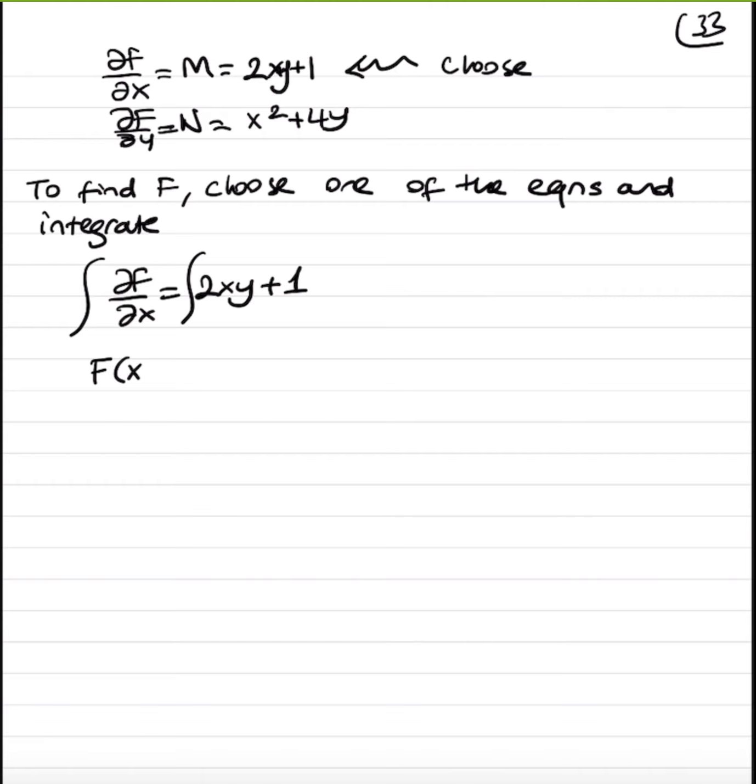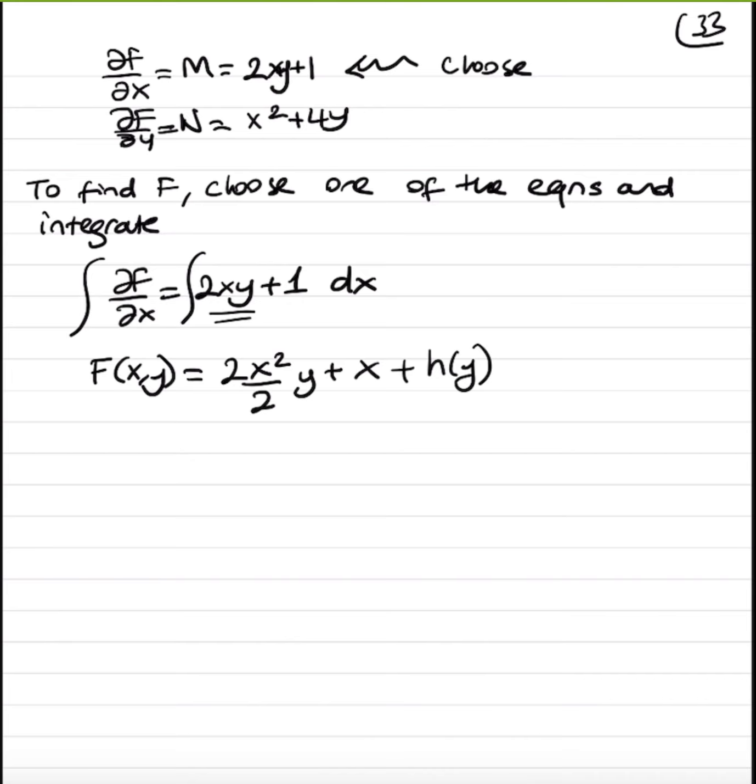Once we integrate, we have f of x, y equal to, since we chose this one, we integrate with respect to x. The integral of 2xy is x squared y, plus x, plus a constant. Usually we write constant c, but when we take the partial derivative with respect to x, we treat y as a constant. So our constant is actually a function of y, let's say h of y.